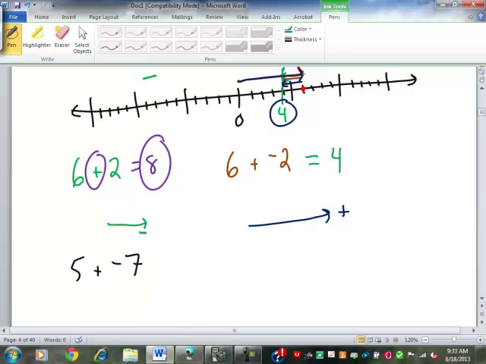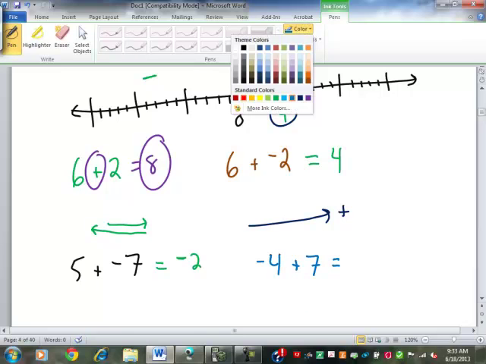It's longer, so it's going to take me past 0 into the negative side of things. So I know the result of that is going to be negative. And how far does it go past 0? 2. Because the 7 is 2 units longer than the 5, it goes back into the negatives 2 units. Or if I have negative 4 plus 7.